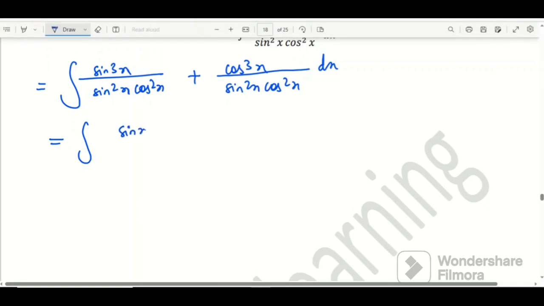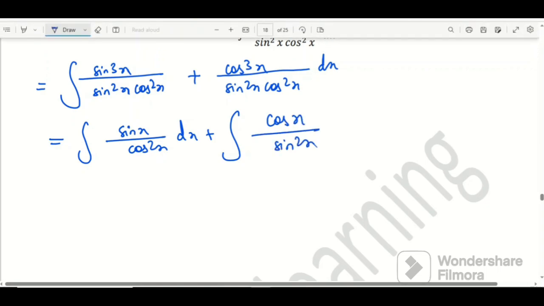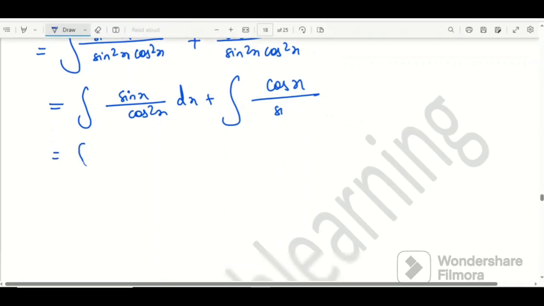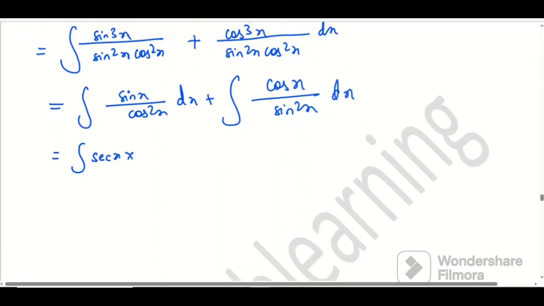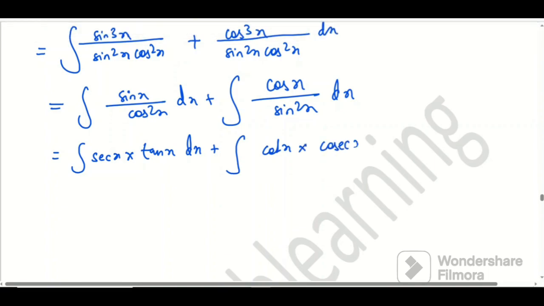We'll get sin x upon cos square x dx plus, we'll cancel cos square from numerator and denominator both, we'll get cos x upon sin square x dx. So we'll get sec x into tan x dx plus cot x into cosec x.